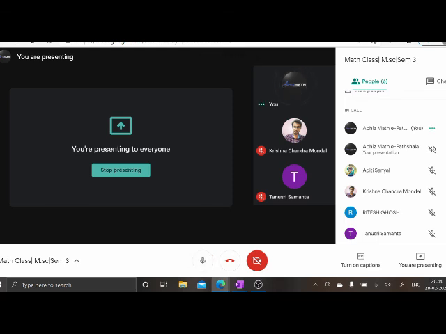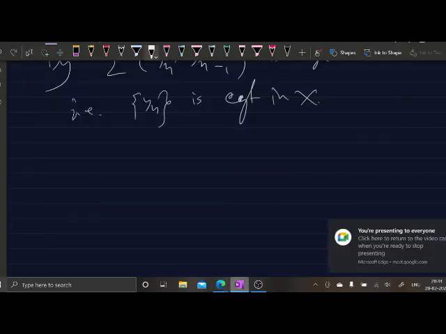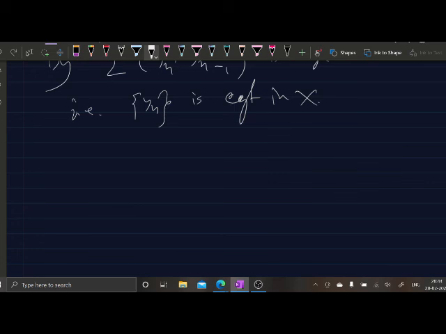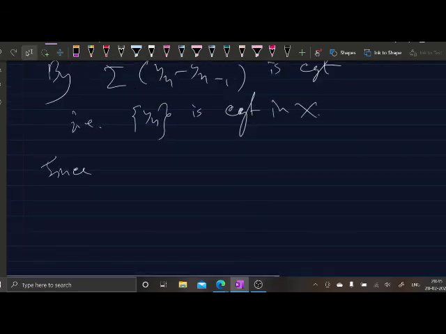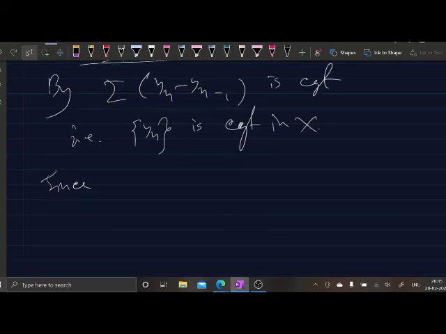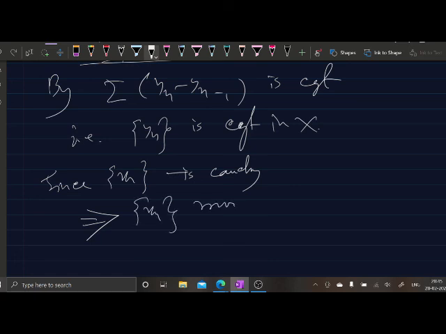Okay. So yn is convergent. Now since the original sequence is xn and yn is a subsequence of xn, and since xn is Cauchy and yn is convergent, this implies that the original sequence xn must be convergent.